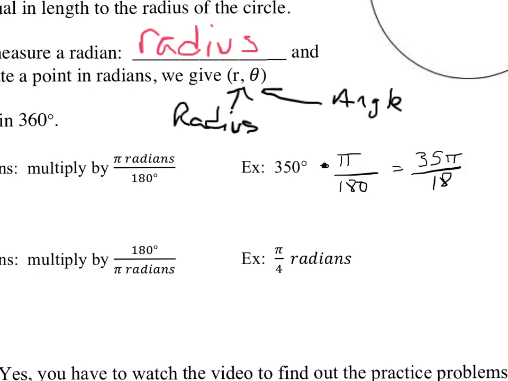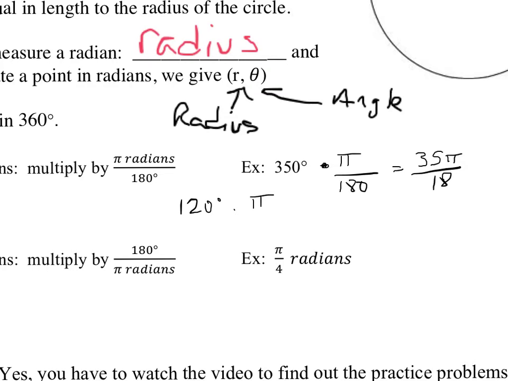Let's try another example, even though it's not written down here. Let's try something a little bit less complex. Say we want 120 degrees.